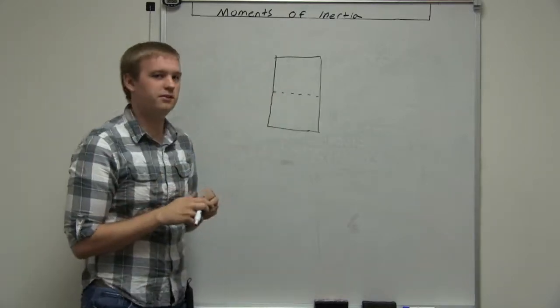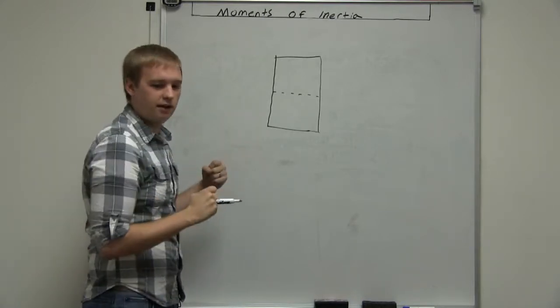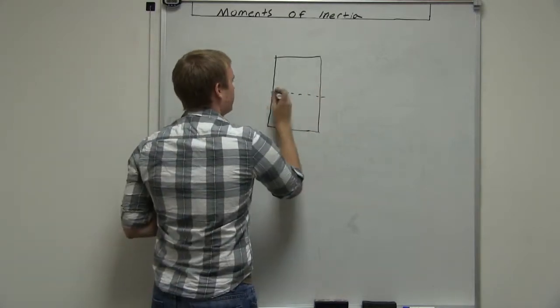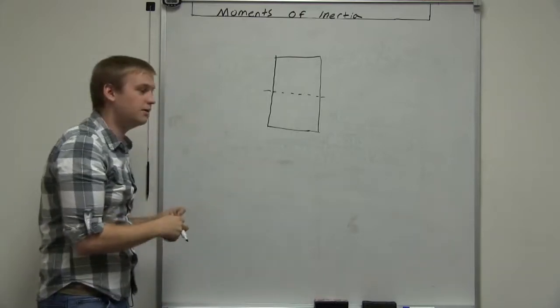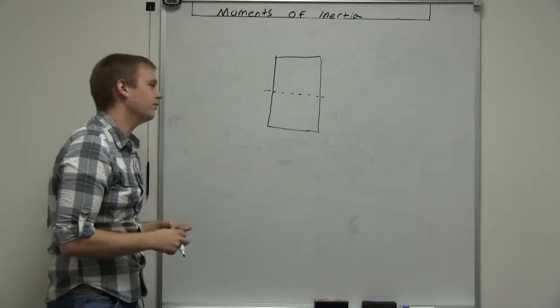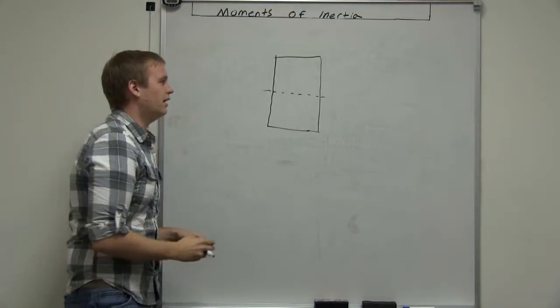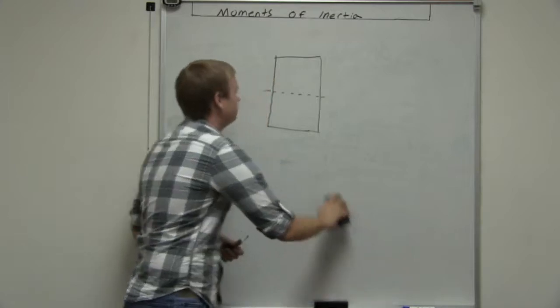If you were in a zero gravity environment and you were holding this axis out here and you tried to rotate it, how hard would this be to accelerate in that direction? That's the basic idea behind a moment of inertia.